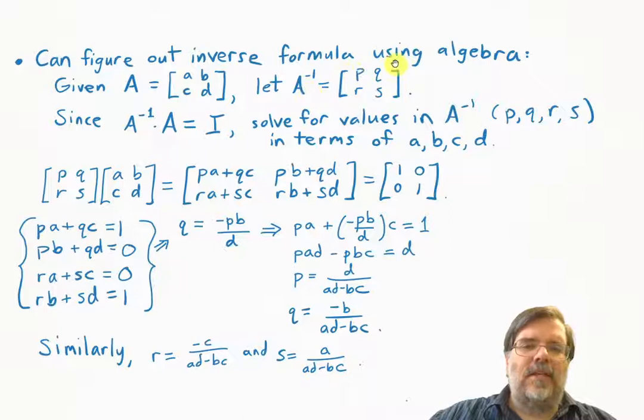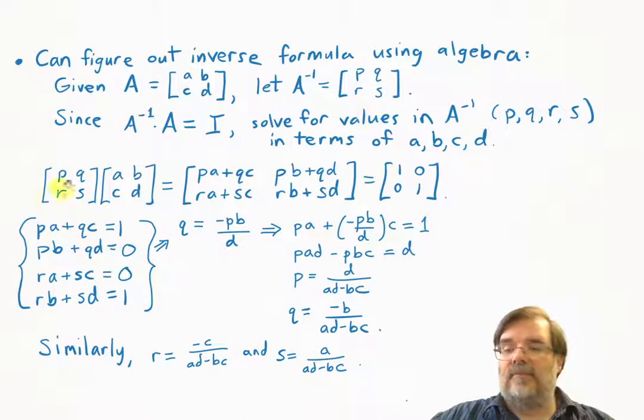Let's just write it as P, Q, R, S. The one thing we do know about an inverse matrix is A inverse times A must equal I. So we'll take this equation and try to solve for these values P, Q, R, S in terms of A, B, C, and D. Right? And if we can solve for these variables in terms of the numbers that we know, that will give us a formula for the inverse.